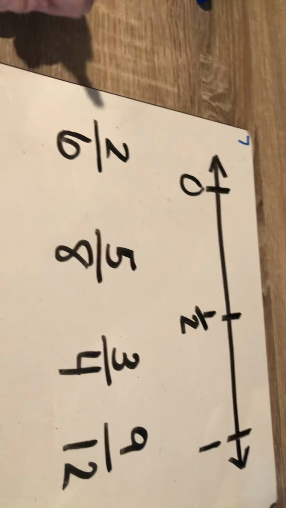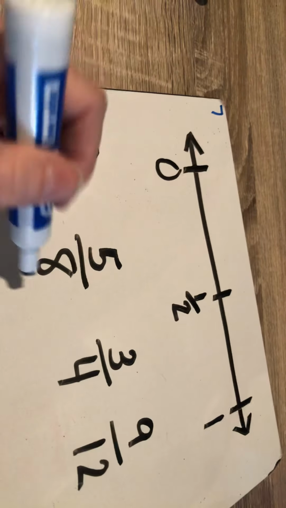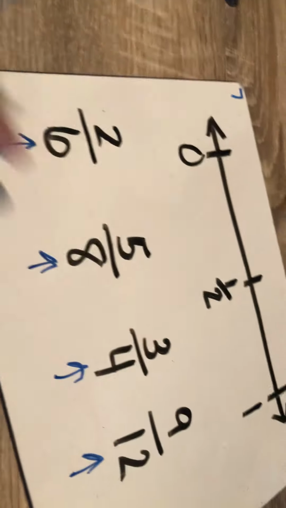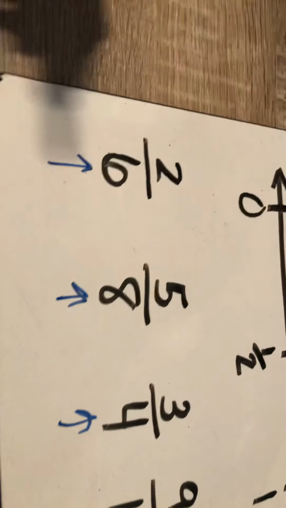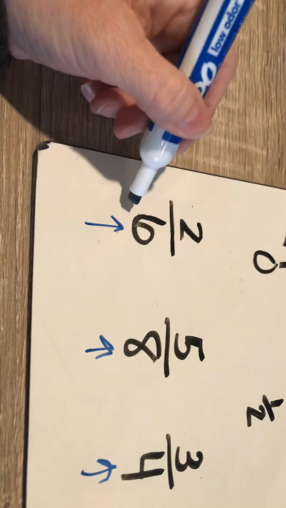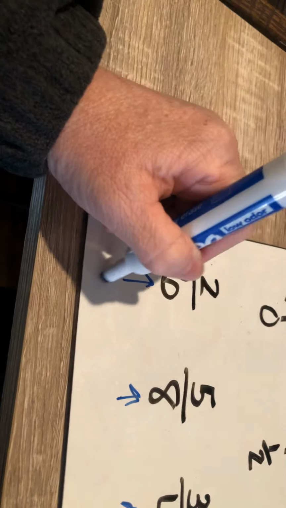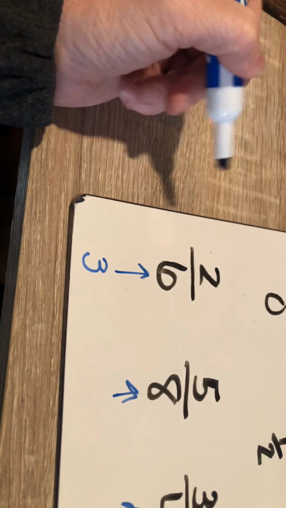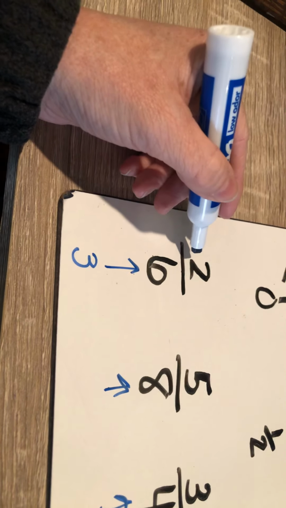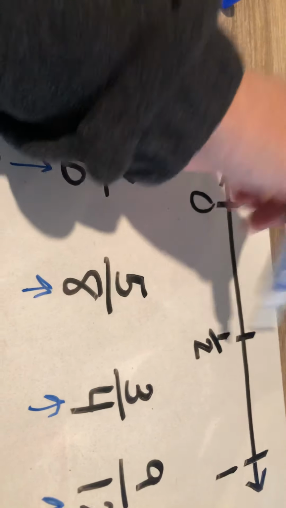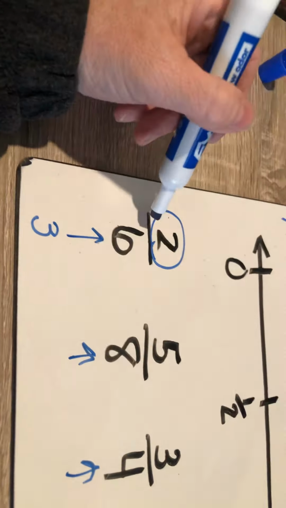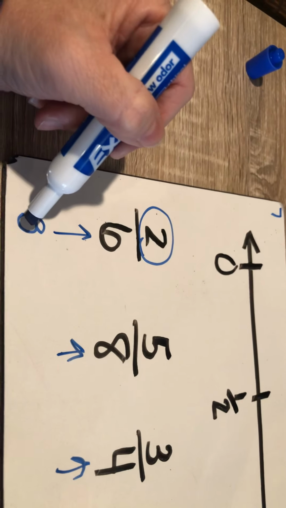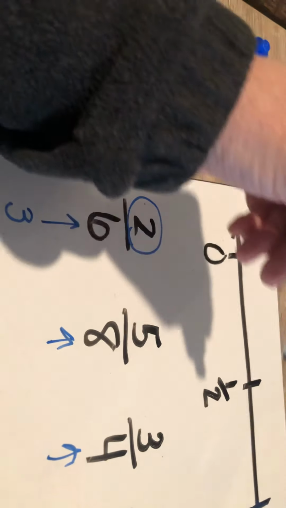And how do we decide that? Well, really, you're going to look at these denominators and think about half of those numbers. So half of 6 is 3. Okay, so if that had a 3 on the top, it would equal a half, and we would put it there. But if the numerator is smaller than 3, it's going to go 0 to half.